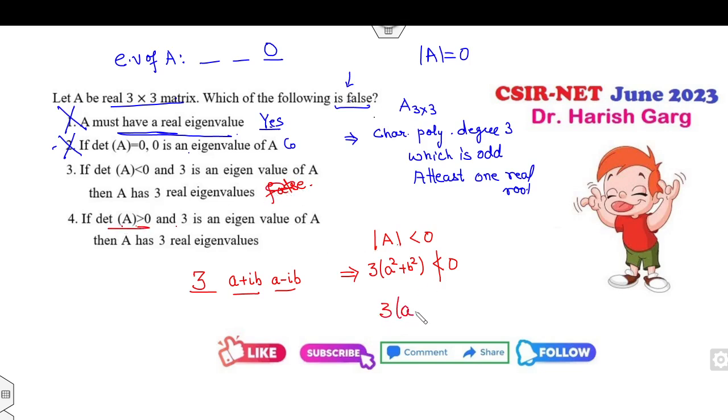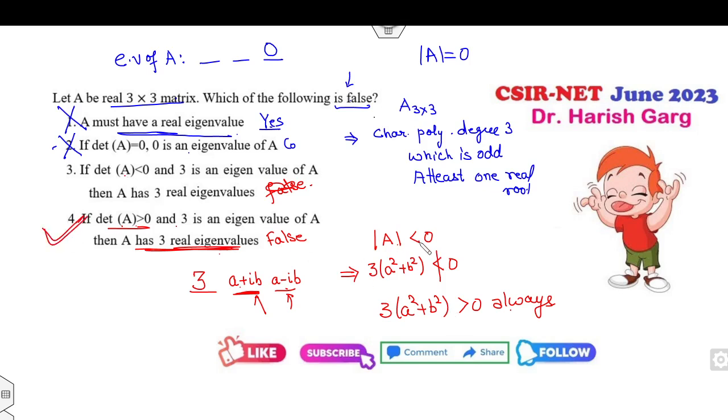That means 3 times (a square plus b square) is greater than 0 always. Fine. So that means even if the eigenvalues may be complex numbers, the determinant is still positive, but it has 3 real eigenvalues. That is a false statement, because it has complex eigenvalues, and still the determinant is greater than 0. So that is a false statement.